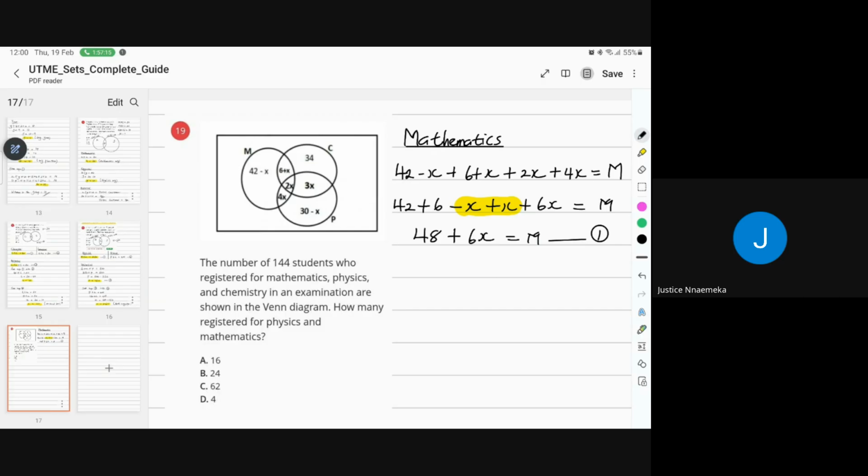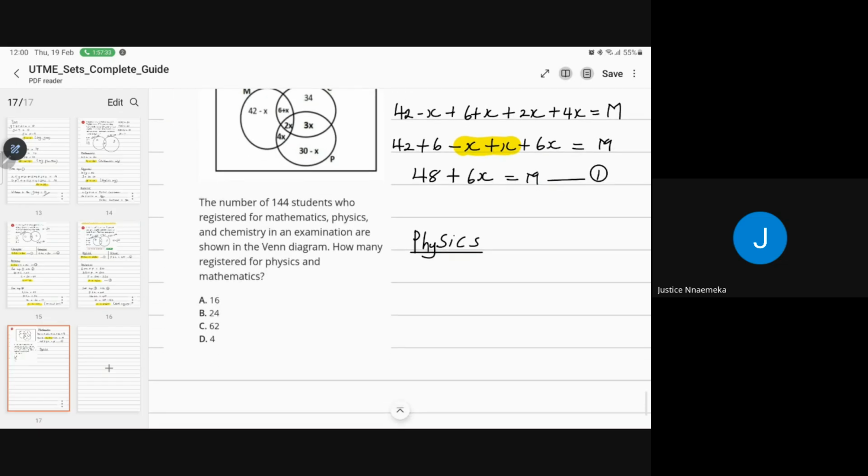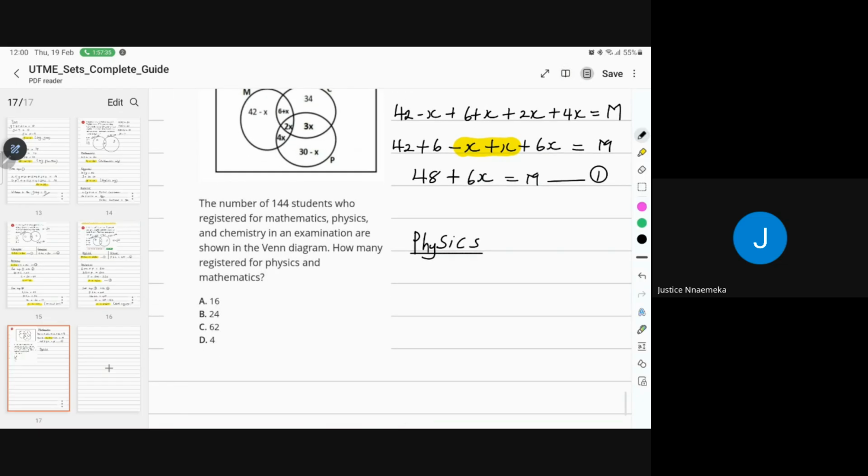So the next part is physics. Let's look at physics. I know they mentioned chemistry, but let's pay attention. If we have any business with chemistry, we can come back and check. So for physics, physics has 4x plus 2x plus 3x plus 30 minus x equal p.